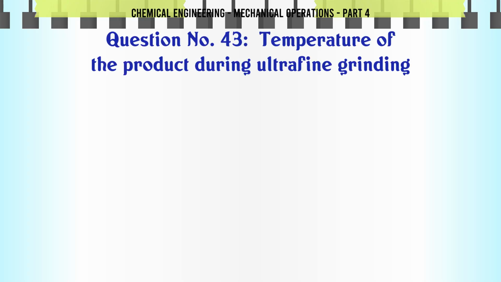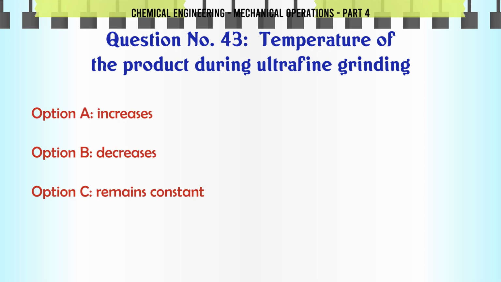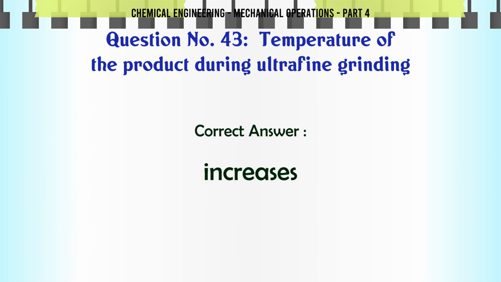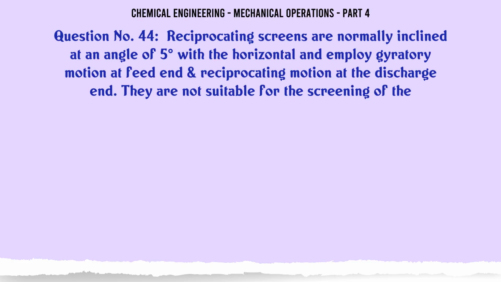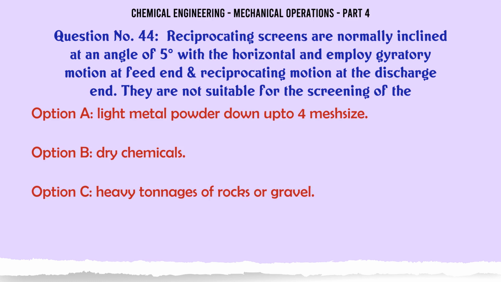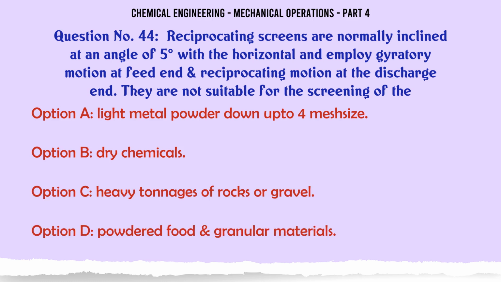Temperature of the product during ultrafine grinding. A. Increases, B. Decreases, C. Remains constant, D. May increase or decrease, depends on the material being ground. The correct answer is increases. Reciprocating screens are normally inclined at an angle of 5° with the horizontal and employ gyratory motion at feed end, reciprocating motion at the discharge end.